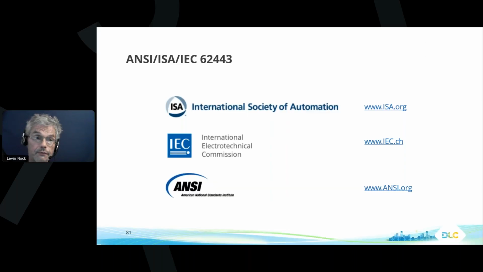For instance, 62443 was created by the ISA, International Society of Automation, and then adopted by the IEC and then by ANSI, as shown on the screen. And other standards with multiple acronyms have similar stories. Anyway, some NLC products, when they get installed in automated factories, need to use 62443.